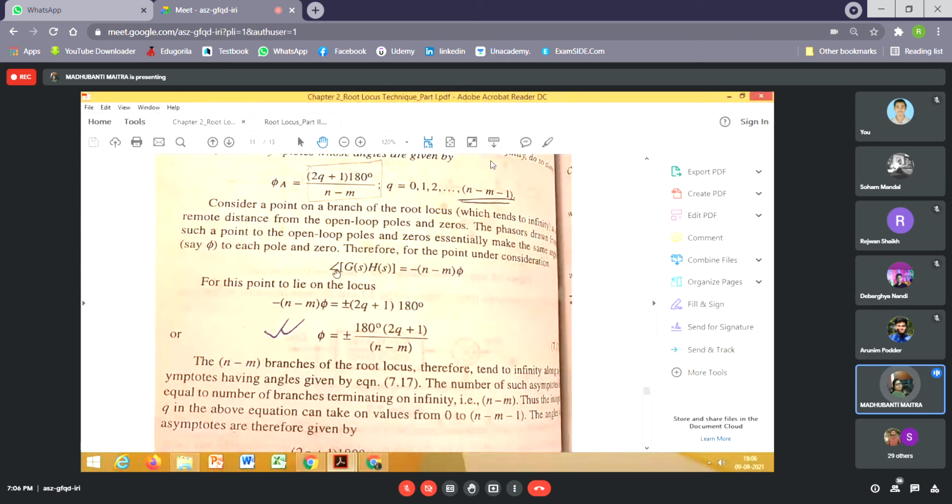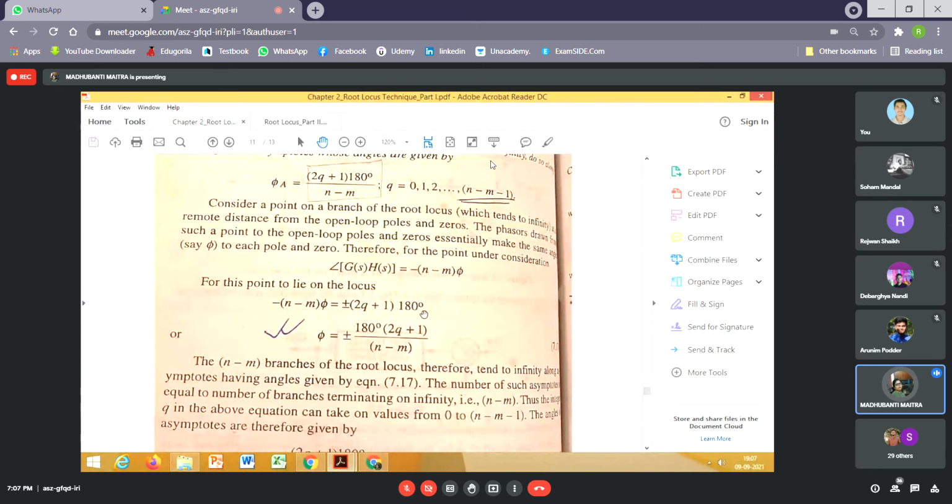So the angle of GSHs will have to satisfy the angle criterion. We'll have to check the angle criterion at that particular point. So angle of GSHs will be equal to minus n minus m into phi, right? And since the point is an onlooker's point, at that point the angle criterion will be satisfied. Hence, minus n minus m into phi will be equal to plus minus (2q plus 1) into 180 degrees.